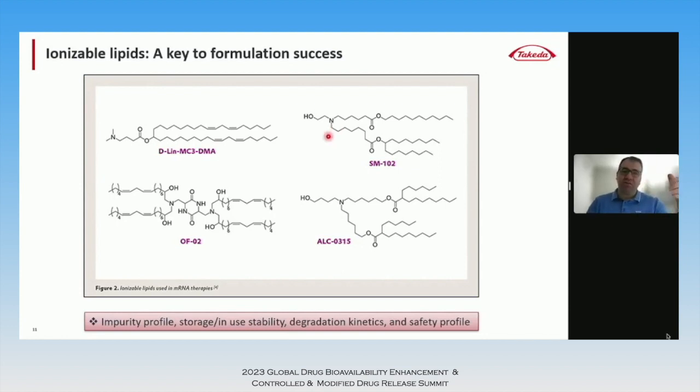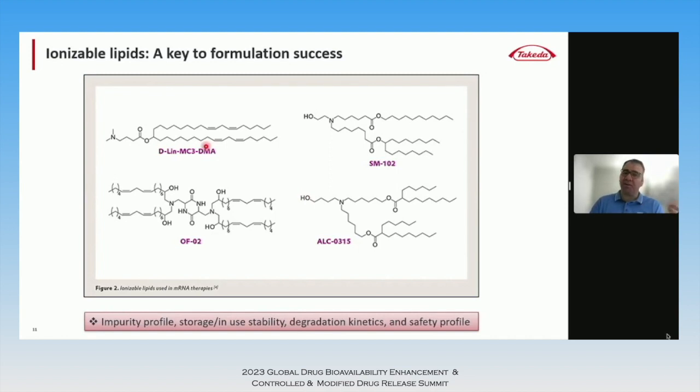It is neutral during the blood circulation to avoid any systemic toxicity and any interactions with the serum proteins. And once it is inside the cells, and the pH in the endosome is acidic, this ionizable lipid can get protonated, and that's how it helps to escape the endosome. So that's why these are really key lipids in the formulations.